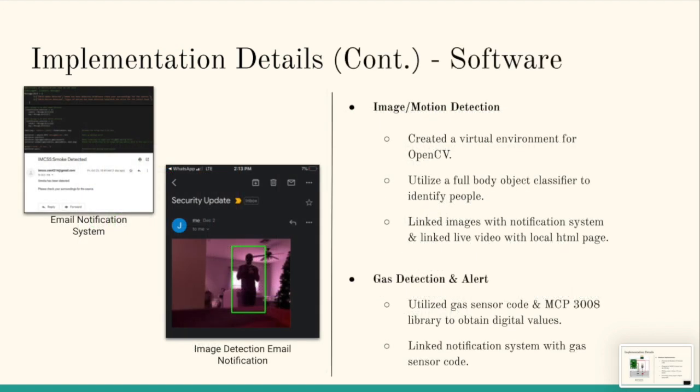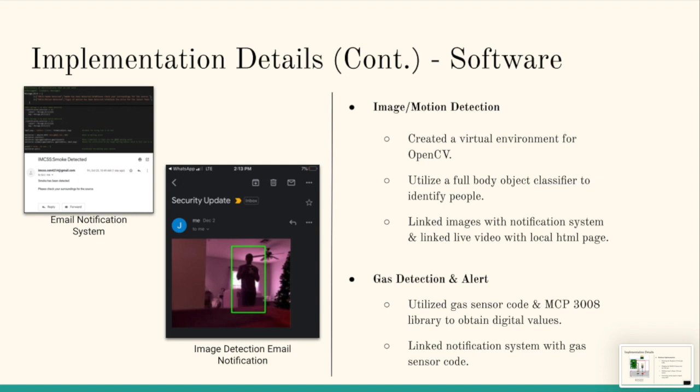Now for the software implementation. When we were doing the image and motion detection portion of the software, we had to install OpenCV and its multiple directories, but we had to do so in a virtual environment, because if we didn't, it would potentially alter Python code or things that we didn't want to alter, and that would potentially affect the gas sensor and its dependencies and libraries.